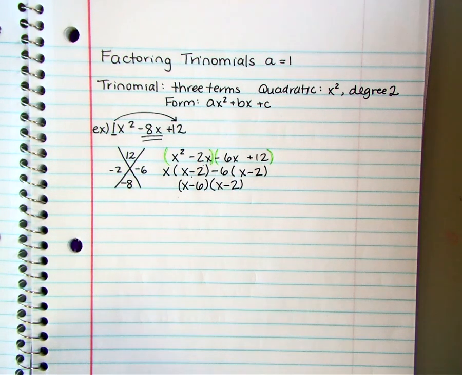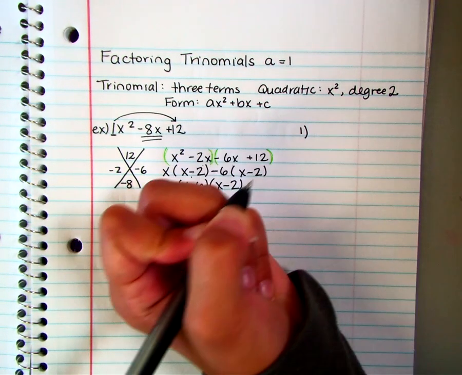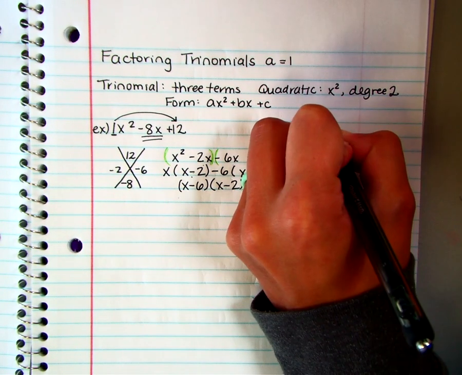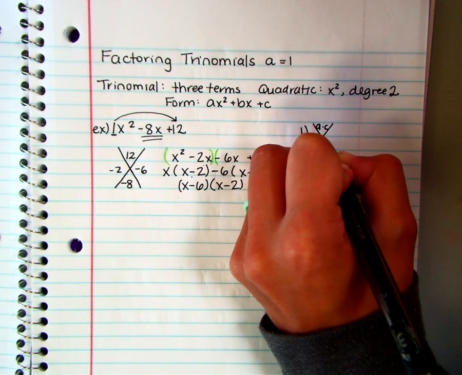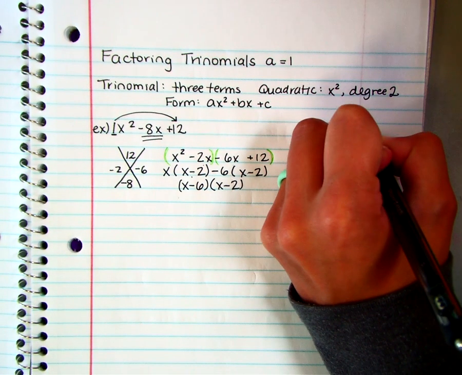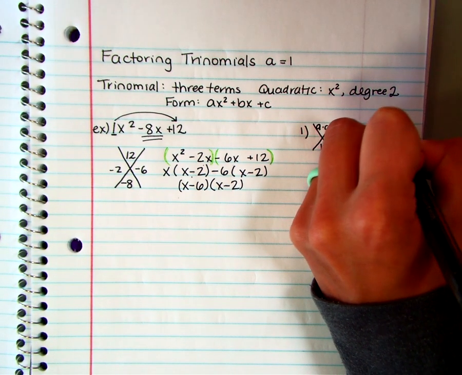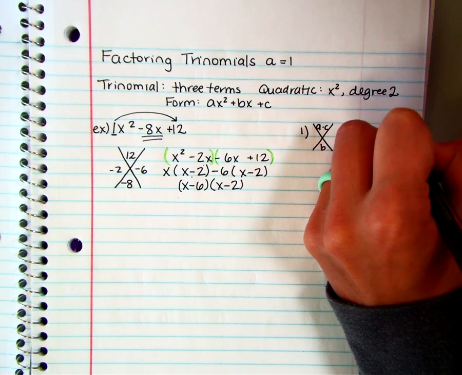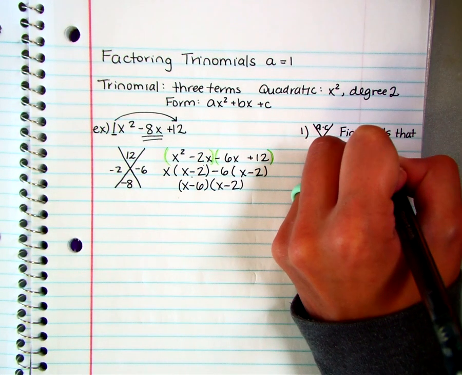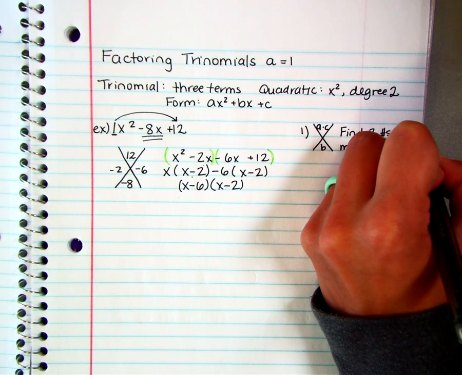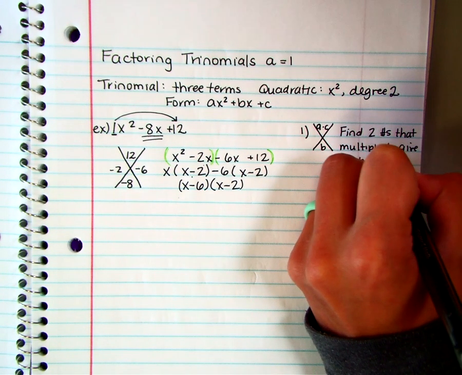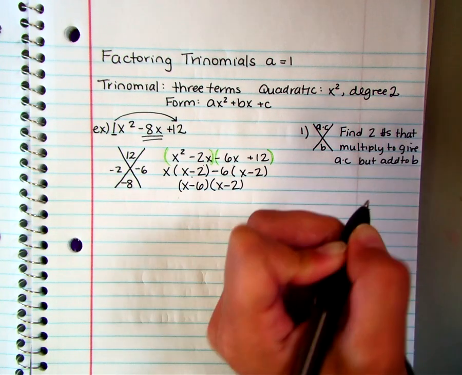And so we'll write out the steps for that. So the first step is to draw your x. And basically what we did, a times c on the top and b on the bottom. And we found 2 numbers that multiply to give a times c, but add to b.